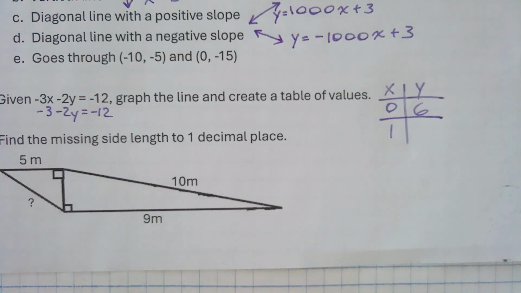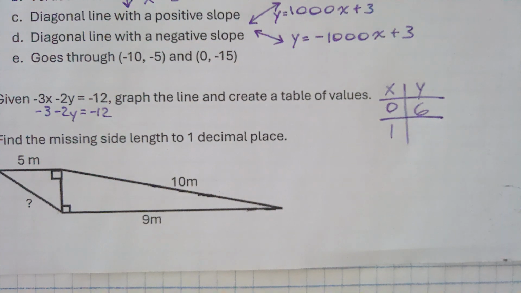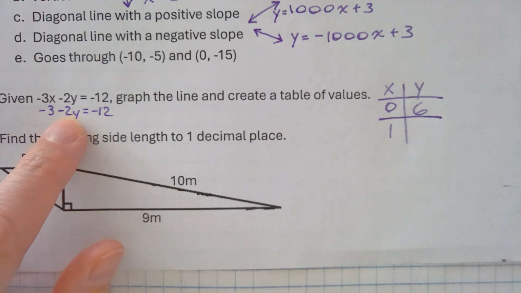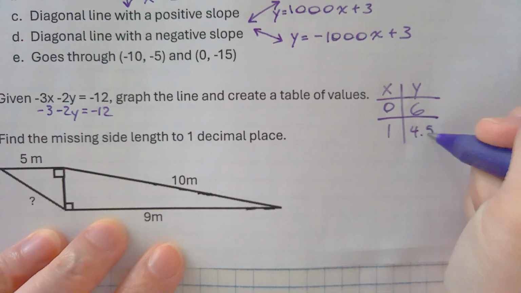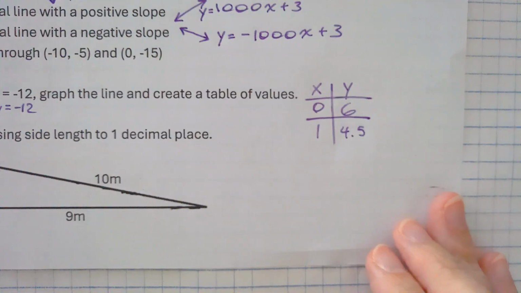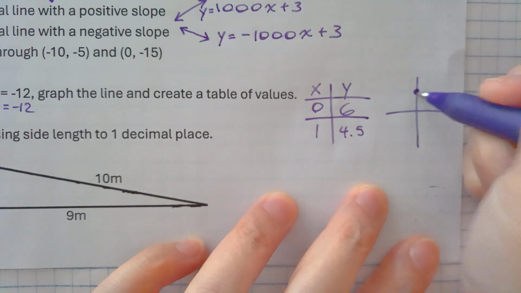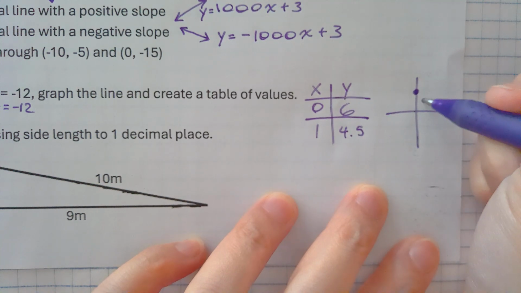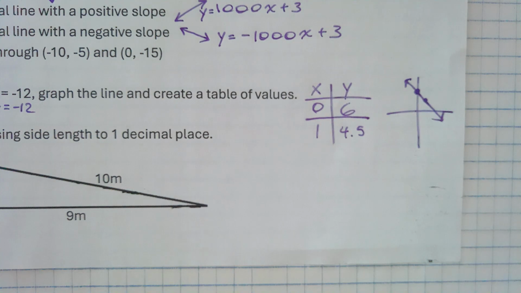It becomes plus. So negative 12 plus 3, negative 9, divided by negative 2. You get 4.5. All right. There we go. And then we can graph the line. So (0, 6) and (1, 4.5). There we go. There's your line.